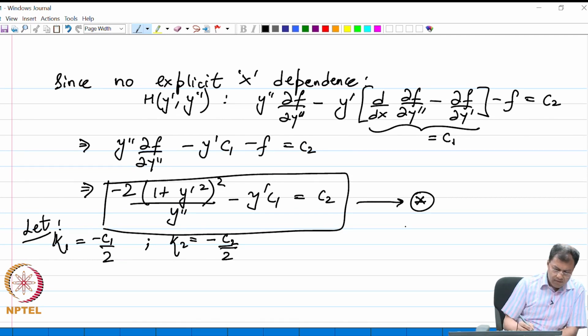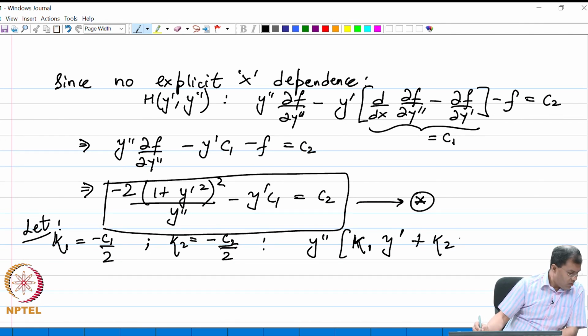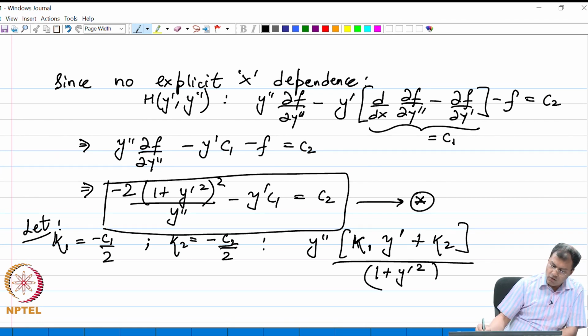So, let me first rewrite this expression in terms of these new constants. My new equation is y double prime times (kappa 1 times y prime plus kappa 2) divided by (1 plus y prime square) whole square is equal to 1.